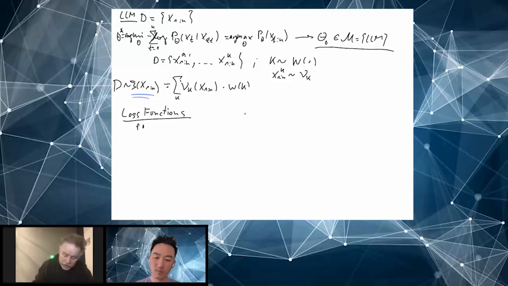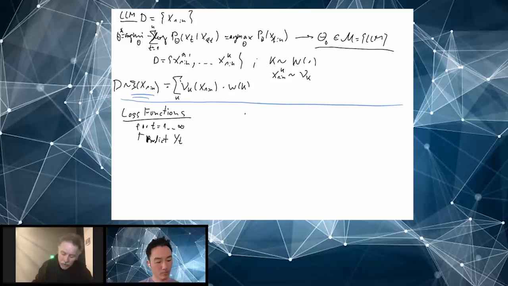So the protocol is similar to before. We make a prediction, but let's call this prediction now y_t. Then we observe x_t.